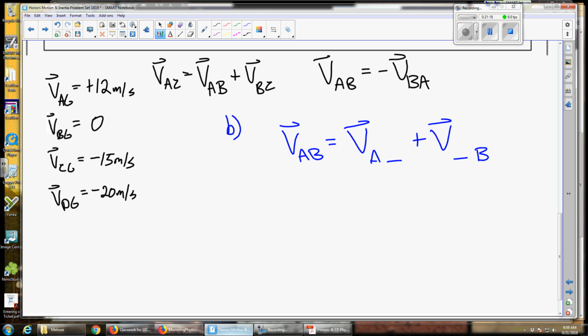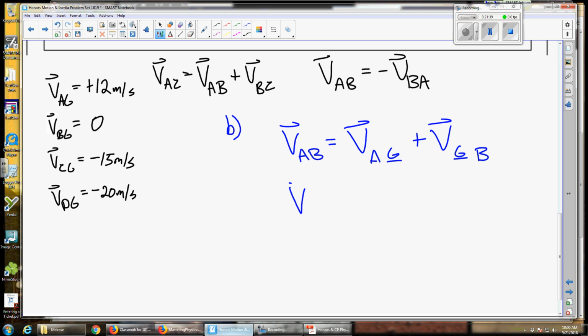The only thing I know A with respect to is the ground, so I'm going to put the ground in the middle here. And I know B to the ground, so ground to B is just going to be the opposite of whatever B to the ground is. That's this equation.